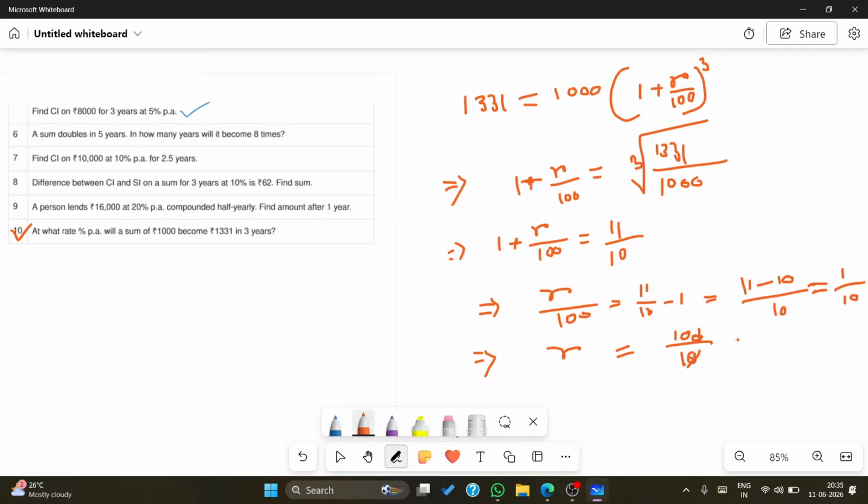This 0 and this 0 will be cancelled. That is 10%. Right answer. So at what rate percent per annum does the sum become the required amount? Yes, the final answer is 10%.